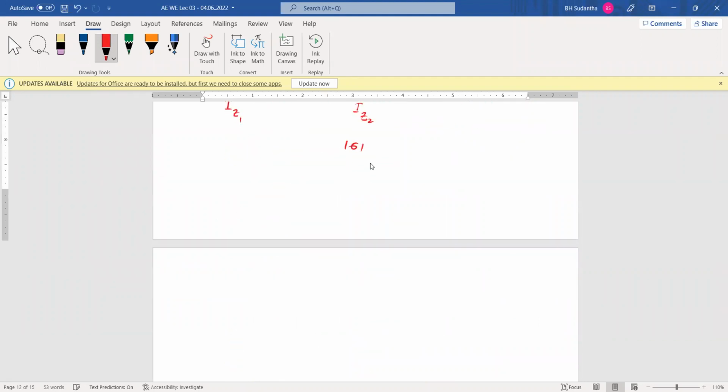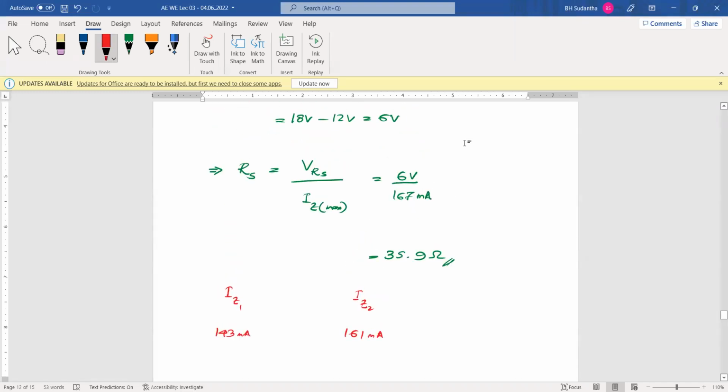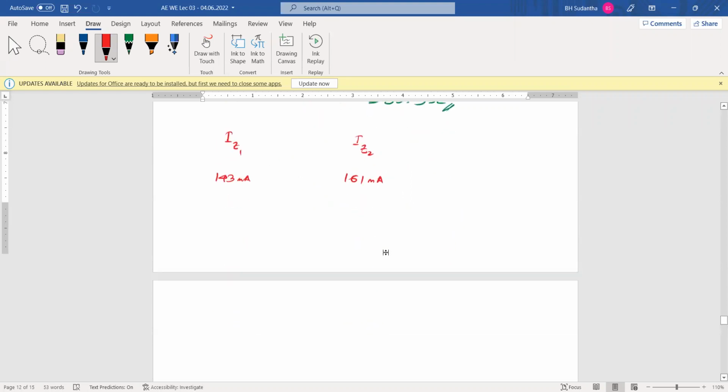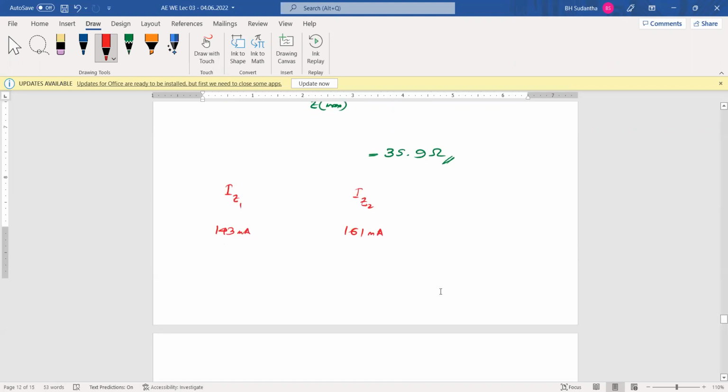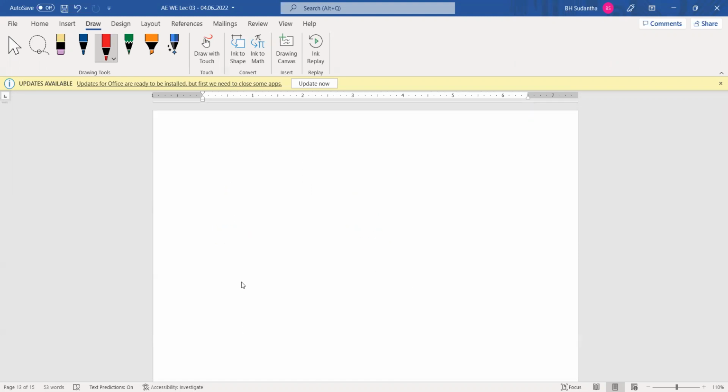This is 161 and this is 143 milliamps. We have decided to operate this Zener within this region. But before that, by looking at the graph, we have to make sure that the Zener is in this region.